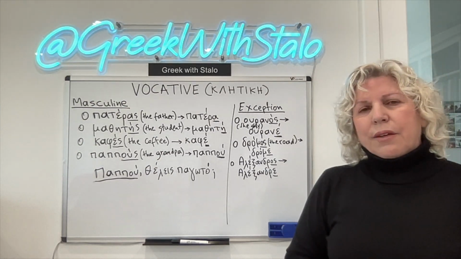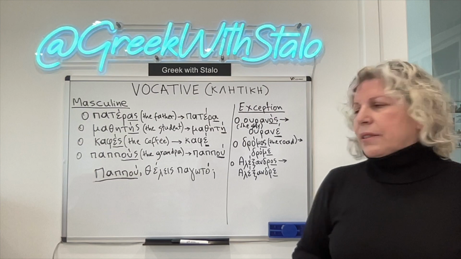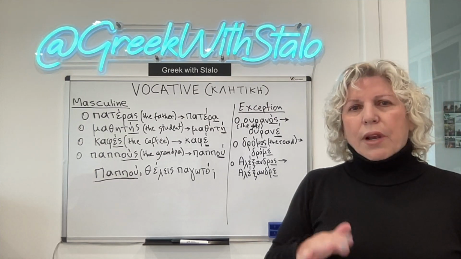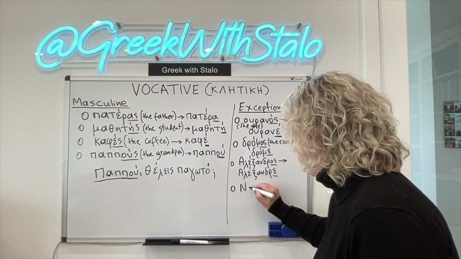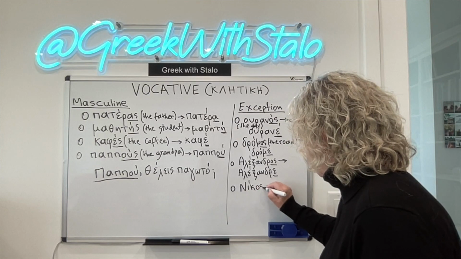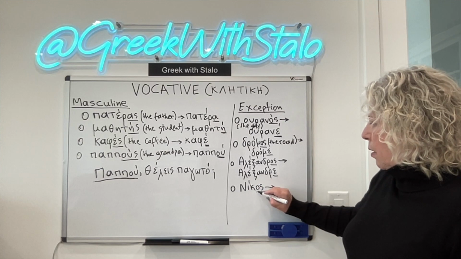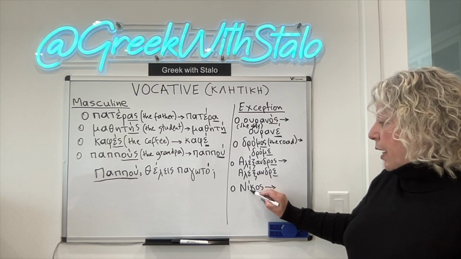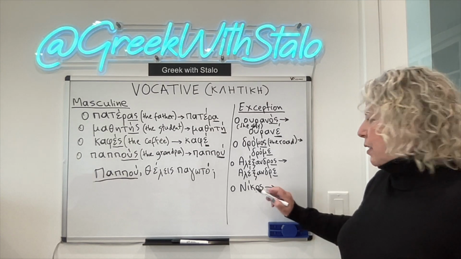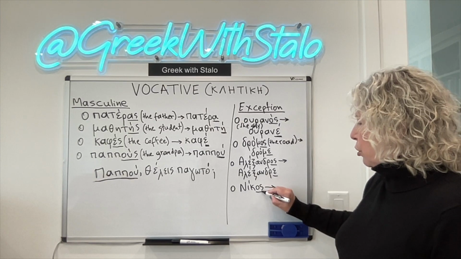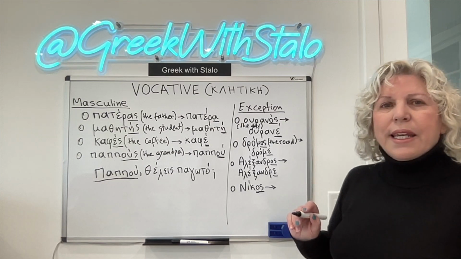But if we have a proper name, a proper noun that has the accent on the second to last syllable, like for example, ο Νίκος, this is a proper noun. The accent is on the second to last syllable, and it ends in os. The vocative is Νίκο, not Νίκε.